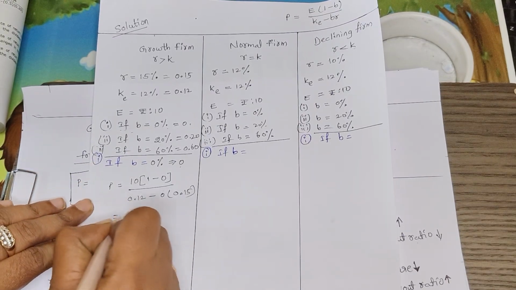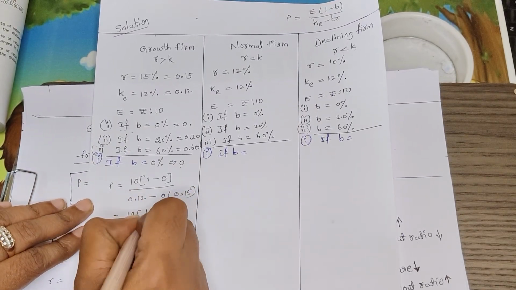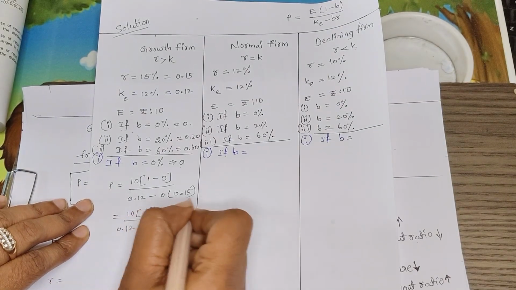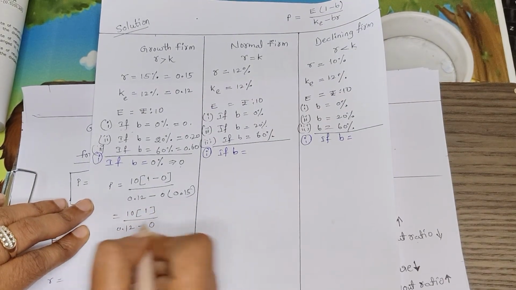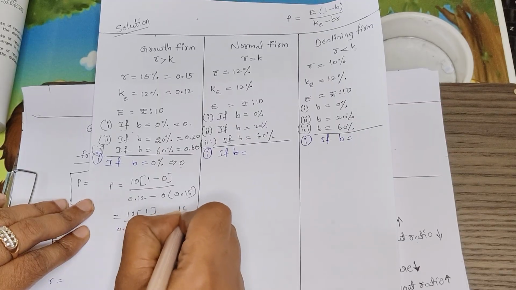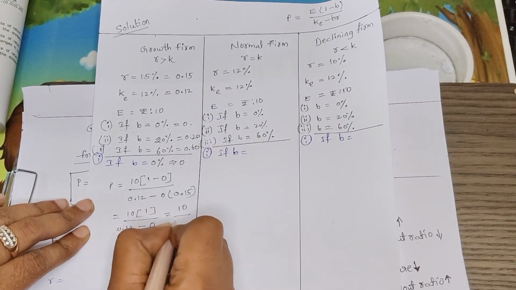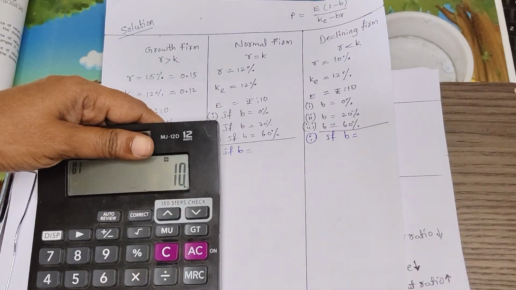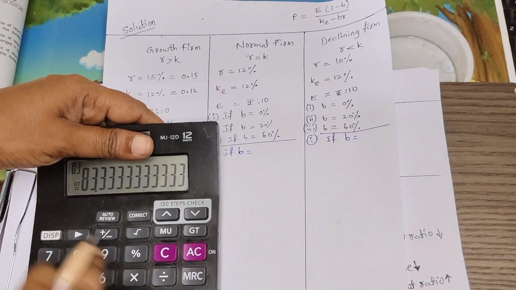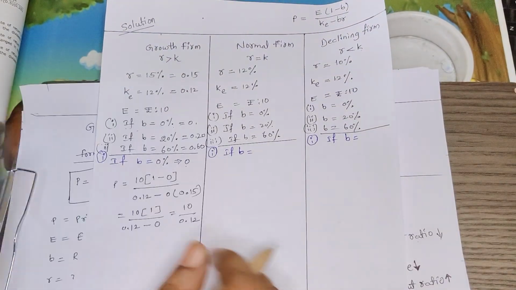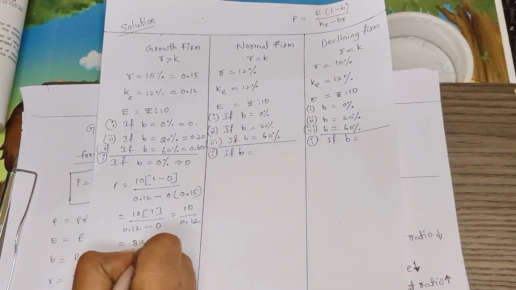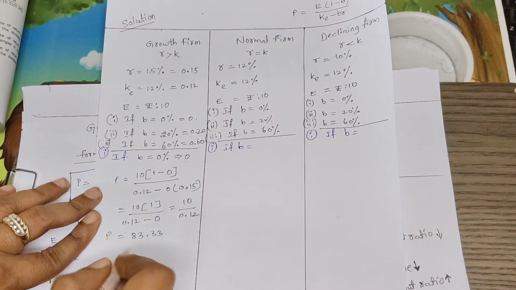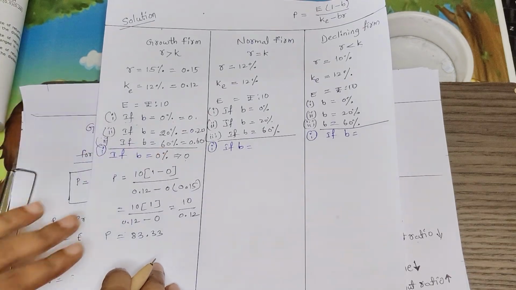So 10 into 1 minus 0, that is 1, divided by 0.12 minus 0 into 0.15, which will be 0 only. Then 10 into 1 is equal to 10, divided by 0.12. 10 divided by 0.12, what is the value here? 83.33. So this is the P value if B is equal to 0.